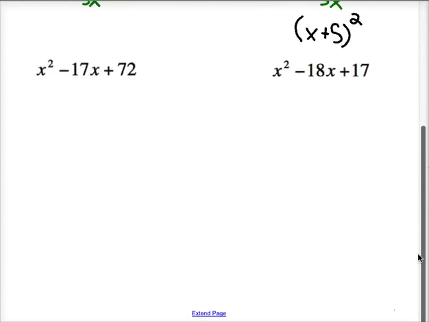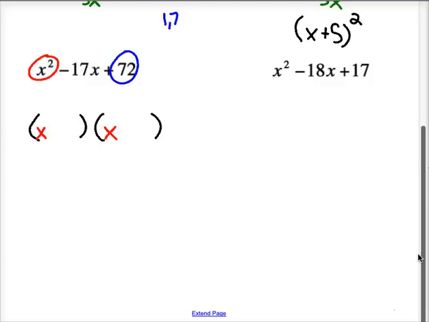All right, so let's keep going. So I'm going to put my parentheses down. That x squared comes from x times x. 72. Well, this is going to have a few more options.